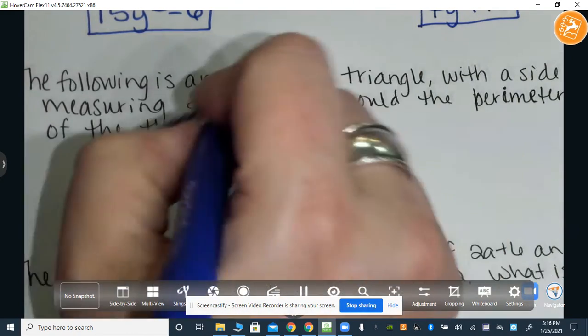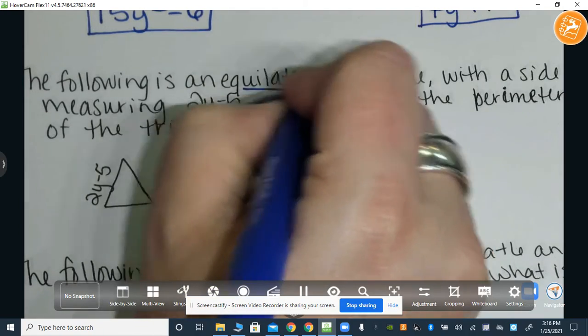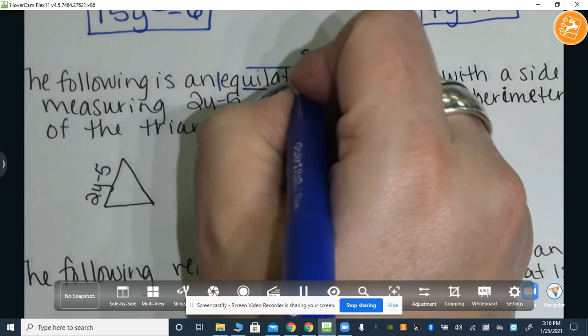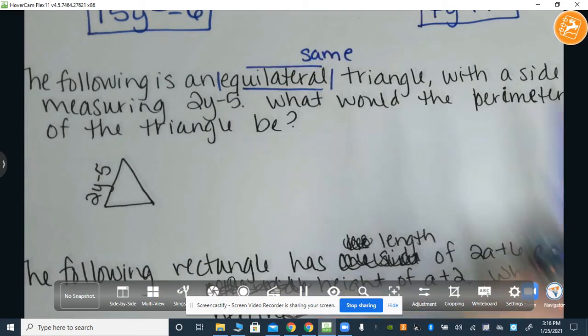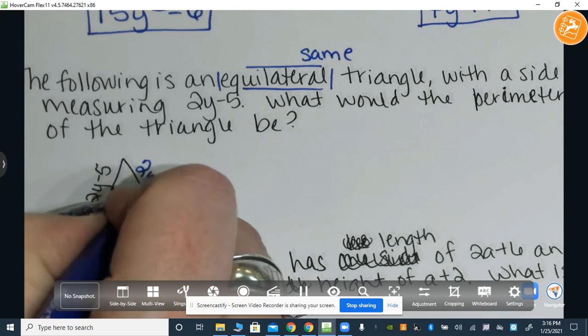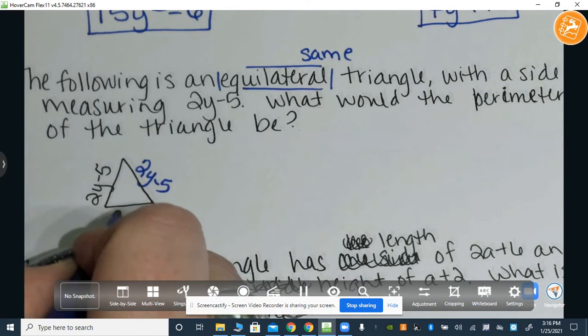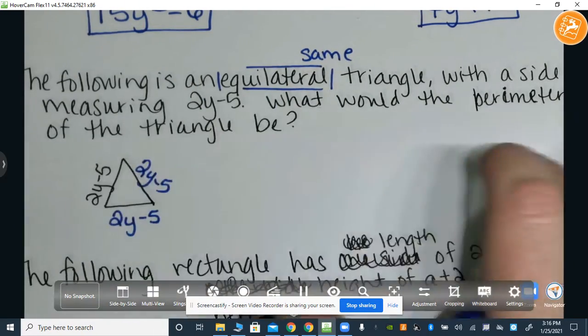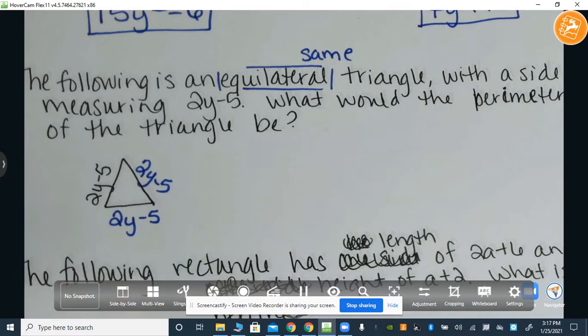Okay, so key thing is it's equilateral. And I know an equilateral triangle has all the same sides. So this is 2y minus 5, this is 2y minus 5, and this is 2y minus 5. Without writing all of them out, I can use my diagram to help me.